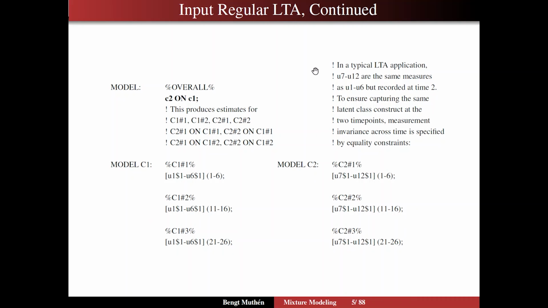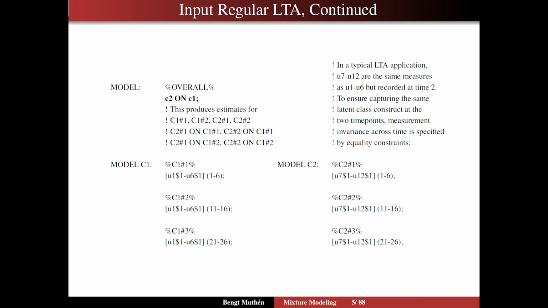Because we're thinking about this as a typical LTA application, where U7 through U12 are the same measures as U1 through U6. Same measures, same variables, but recorded at time 2.